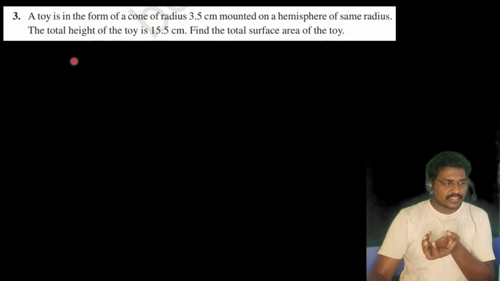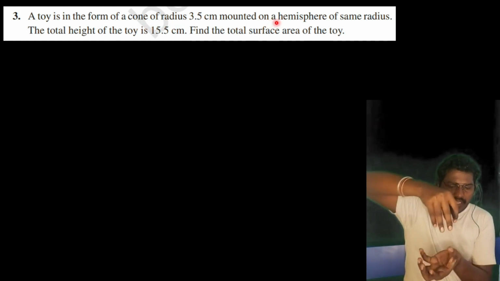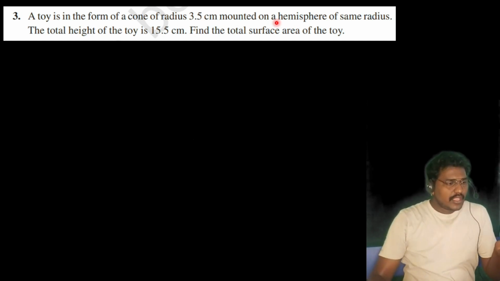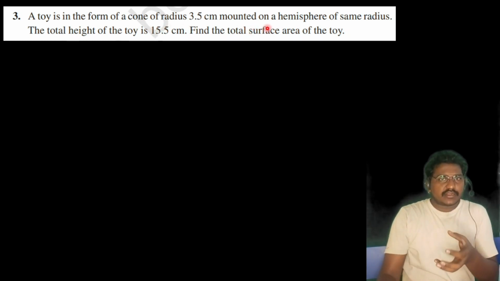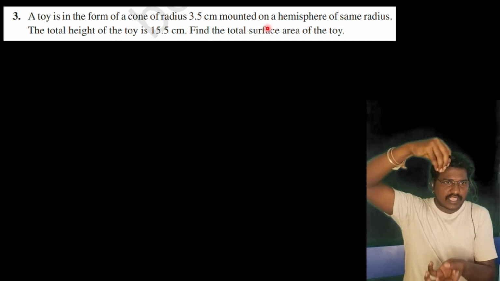Observe the question carefully. A toy is in the form of a cone mounted on a hemisphere. Hemisphere paina cone undi. Chudandi.